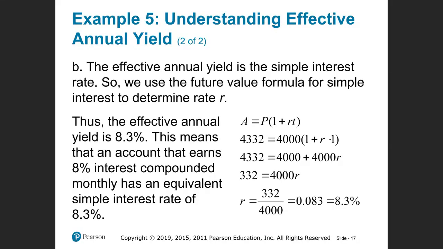The effective annual yield is the simple interest rate. So we would use the future value formula for simple interest to determine the rate. So that means we're going to use A is equal to P times (1 plus RT). Our future value is $4,332. Our P, principal, is 4,000. What we're trying to find is the rate, R. This is the instance where we take the 4,000 outside the parenthesis times each term inside the parentheses.